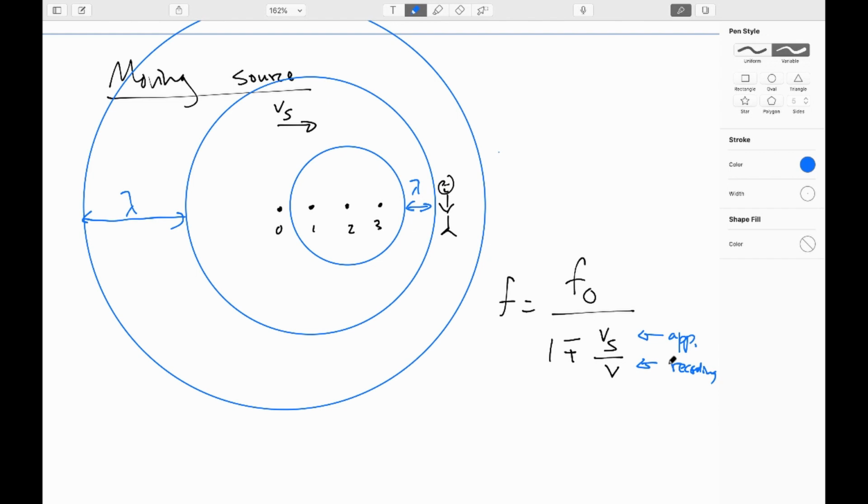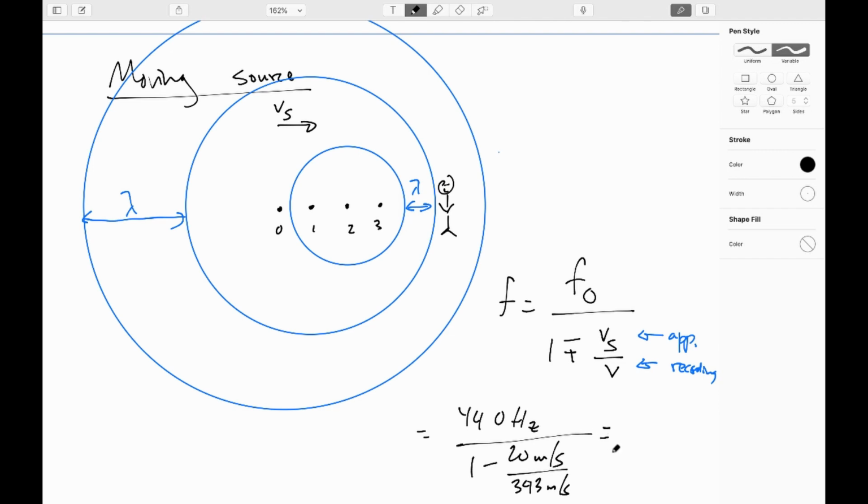So again, just to make that concrete, we can do our same example here and say if it were 440 hertz, and the source were approaching you at 20 meters per second. See, with the minus sign here, that's going to ensure the denominator's number is less than 1, and that will make sure that the frequency goes up.